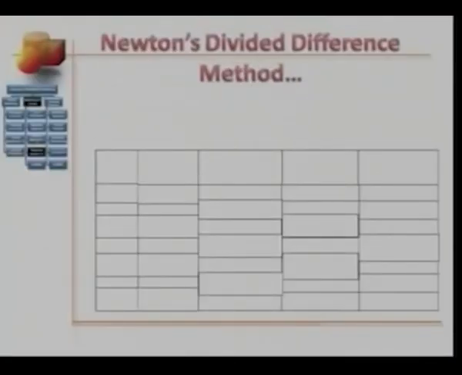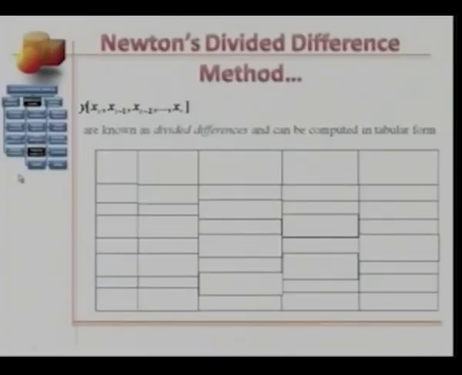Now, this is the tabular form that we have seen in quite a few examples before. If you recall, I had worked a very simple example on board pertaining to Newton's divided difference method. And a similar approach was used when computing intermediate de Casteljau points in case of Bezier segments.